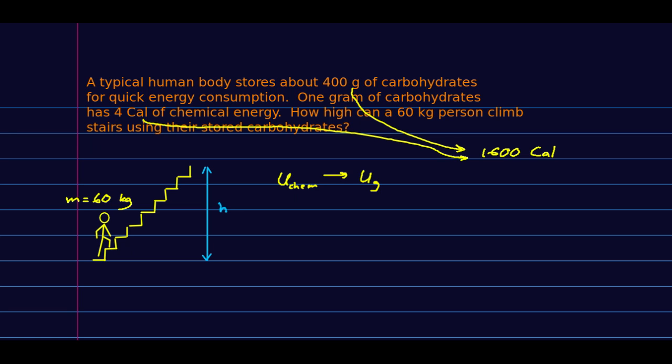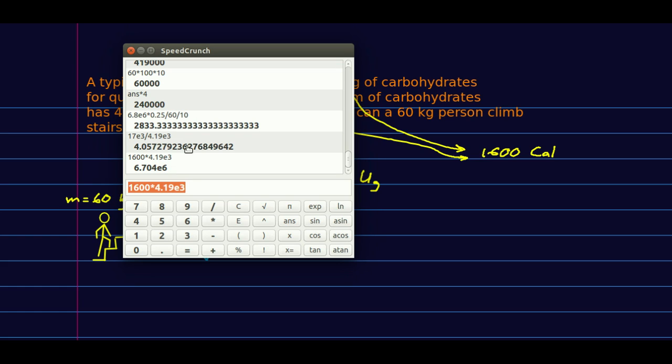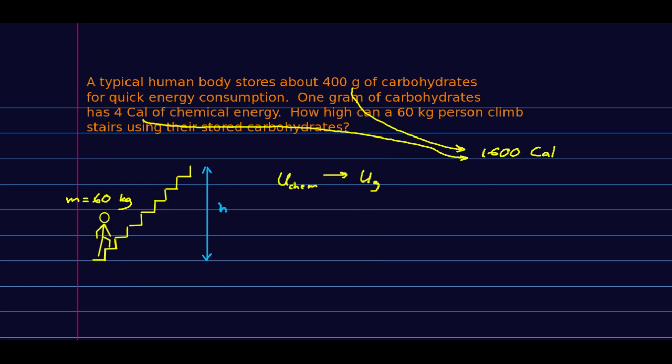And if you work that out, that is 1,600 calories times 4.19 times 10 to the 3. So 6.7 million joules, 6.7 times 10 to the 6 joules. That's how much energy you likely have stored as carbohydrates in your body.